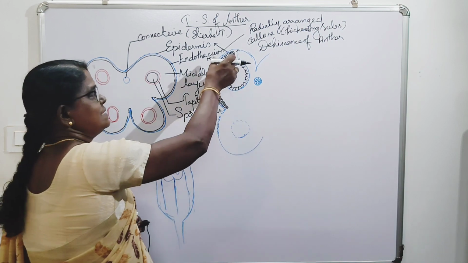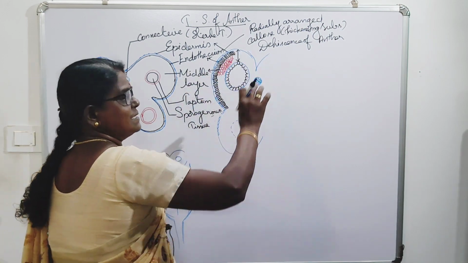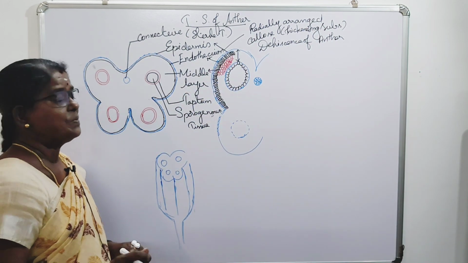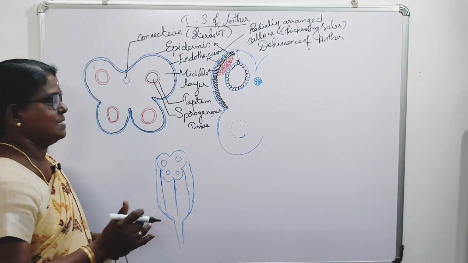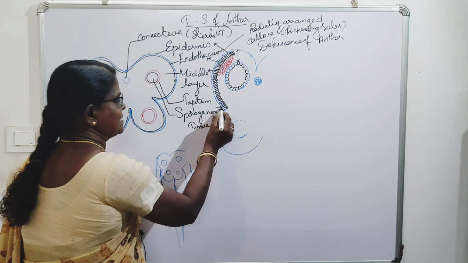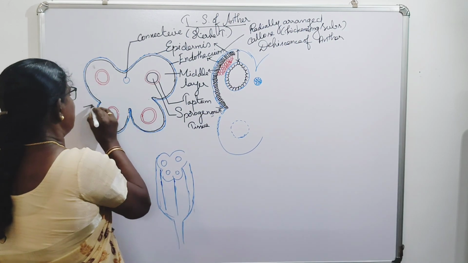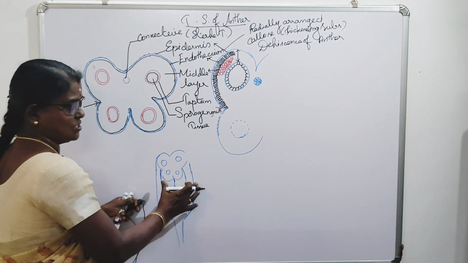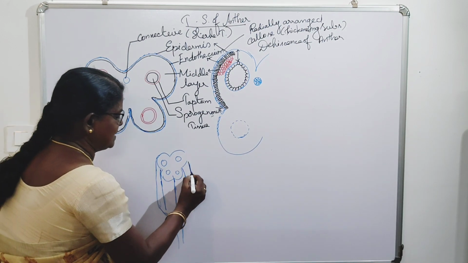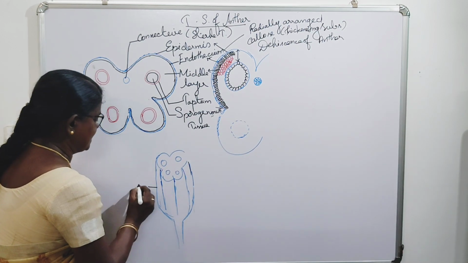This thickening is not the same everywhere. At the place of dehiscence region, this is the line of dehiscence.